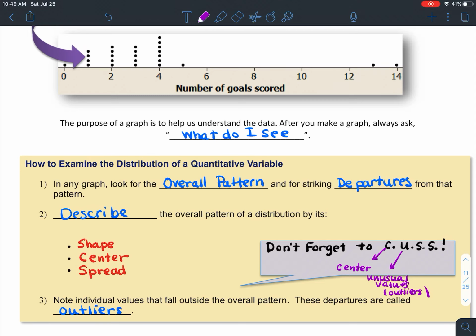And then the first S is shape, which we'll discuss here in a moment. And the last S is spread. How spread out is the data? What is it spanning? Looks like this goes from 0 to 5 with then 2 outliers here.